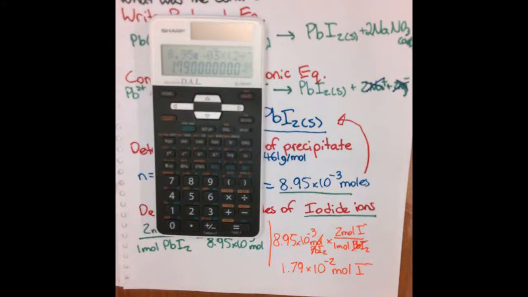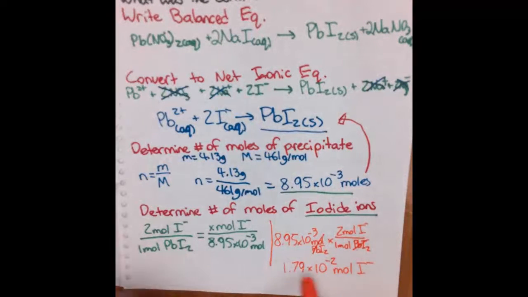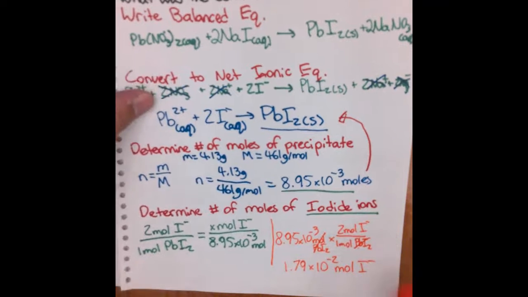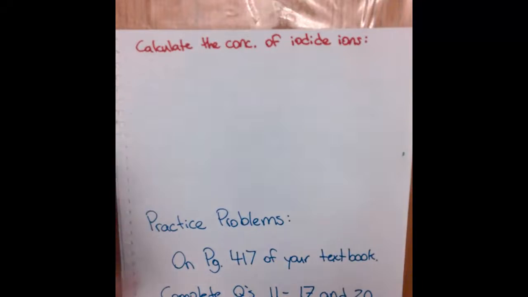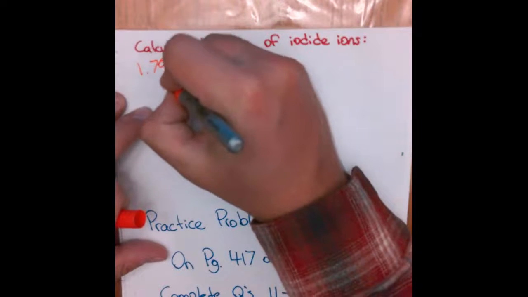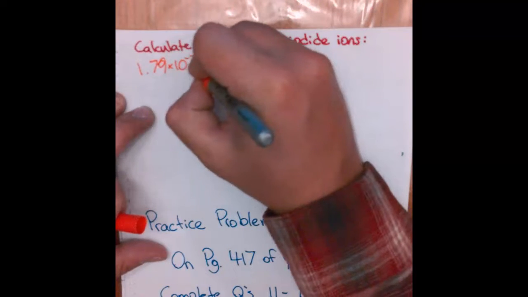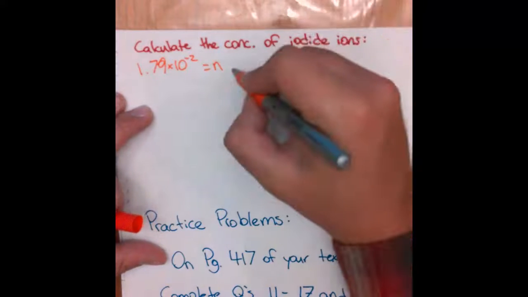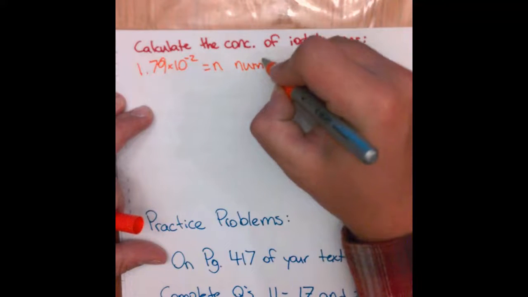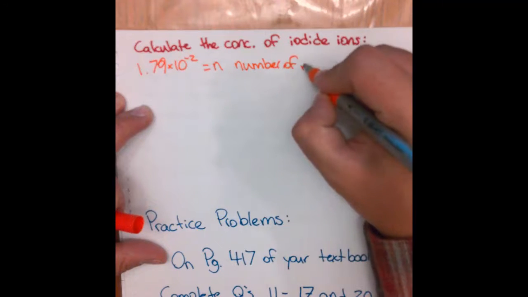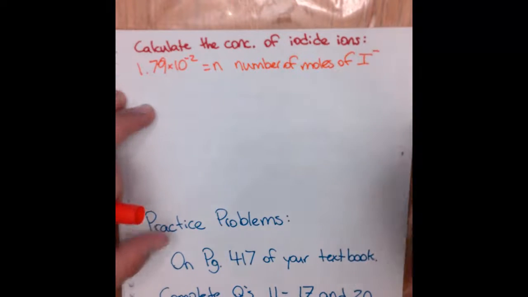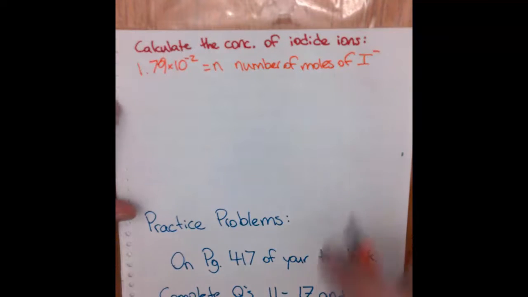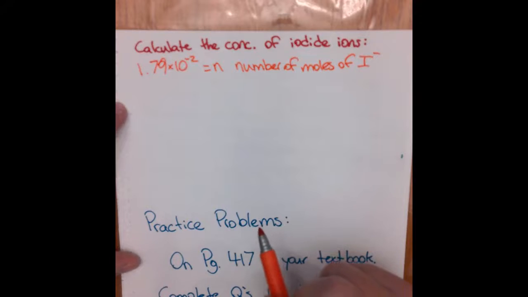All right, so now we've calculated our number of moles of I minus. So again, we just have to take that value, 1.79 times 10 to the negative 2, which is going to equal our n, or our number of moles of iodide, I minus, and then we can put that into our concentration equation.